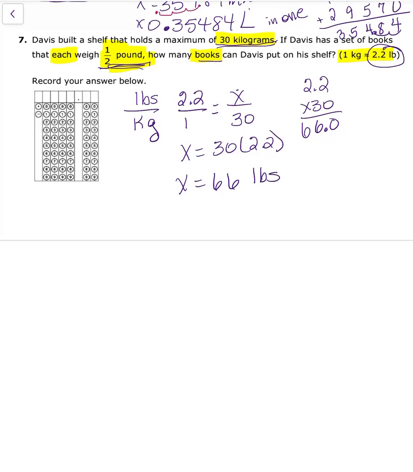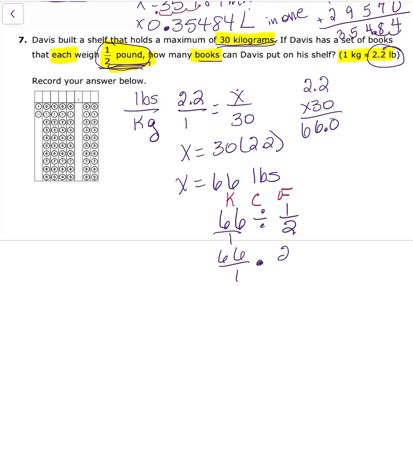So each book weighs a half a pound, so that means we need to take the 66 and see how many half pounds will fit, so we need to divide it by a half. So we're dividing it by a half, not dividing it by 2, right? So I'm just going to put that over 1, and then we're going to do keep, change, flip, or we're going to multiply by the reciprocal.